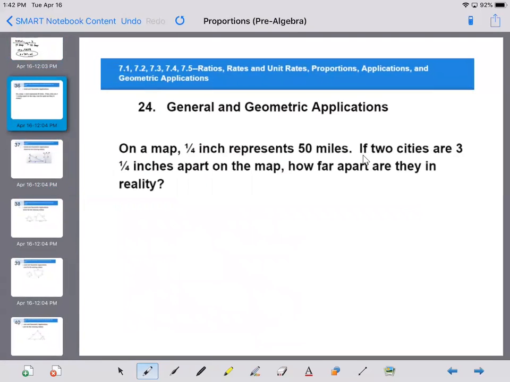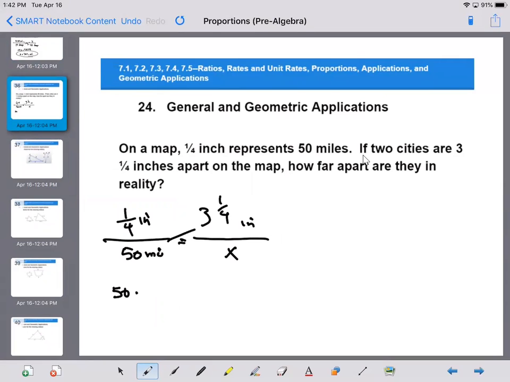And so on a map, you've got 1/4 of an inch represents 50 miles. If the cities are 3 1/4 inches apart, how far are they in reality? So this would be 50, if I did cross products, multiplied by 13/4.